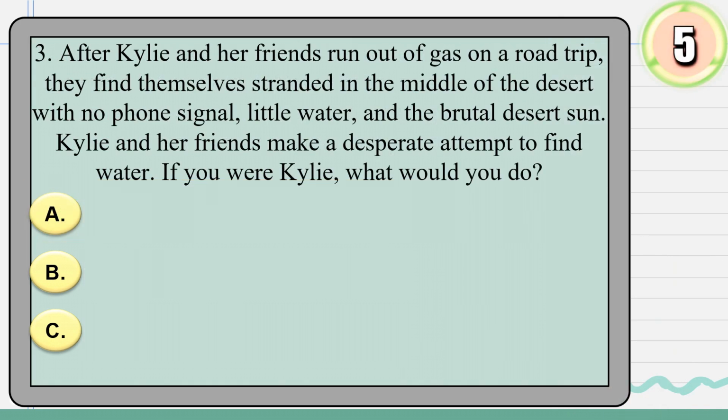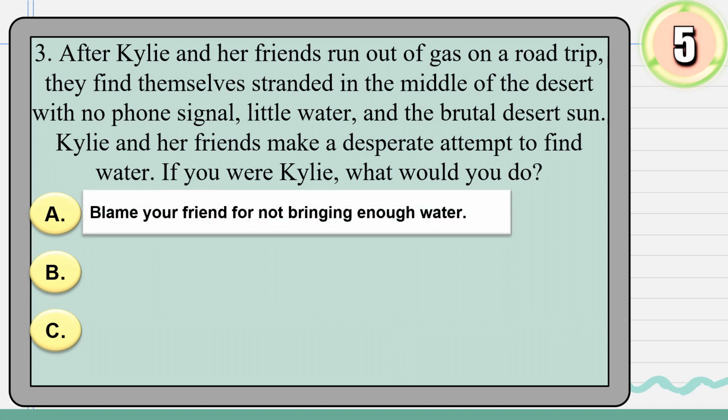Number 3. After Kylie and her friends run out of gas on a road trip, they find themselves stranded in the middle of the desert with no phone signal, little water, and brutal desert sun. Kylie and her friends make a desperate attempt to find water. If you were Kylie, what would you do? A. Blame your friend for not bringing enough water.